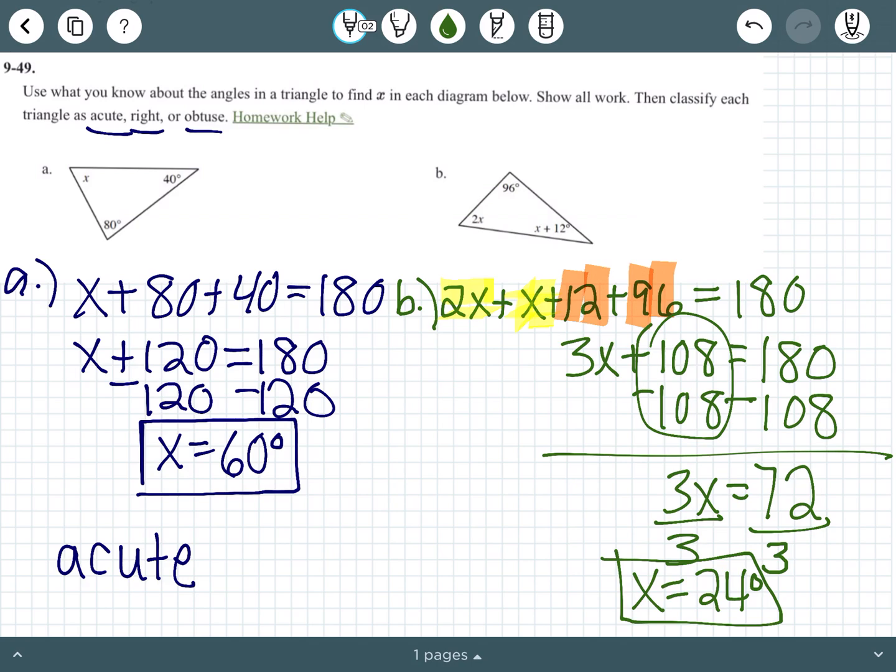Okay, now we have to classify the triangle as acute, right, or obtuse. Well, we know this angle is 96 degrees. This one is 2x. So 2x would be 2 times 24, which is 48 degrees.